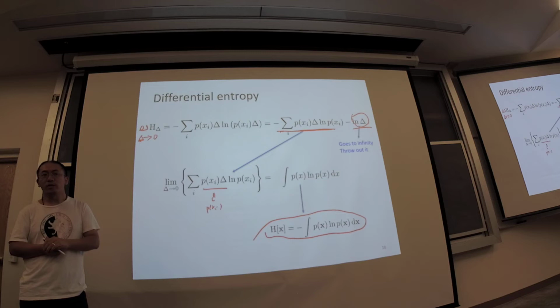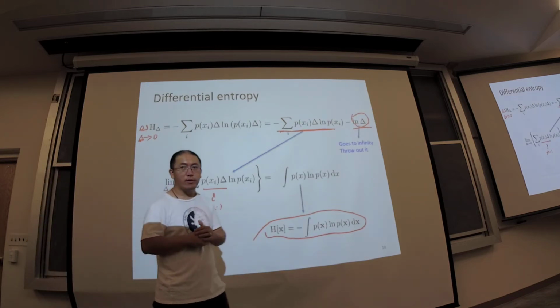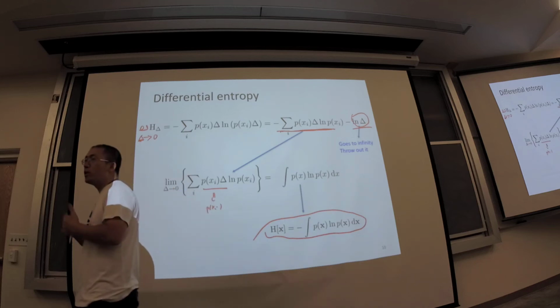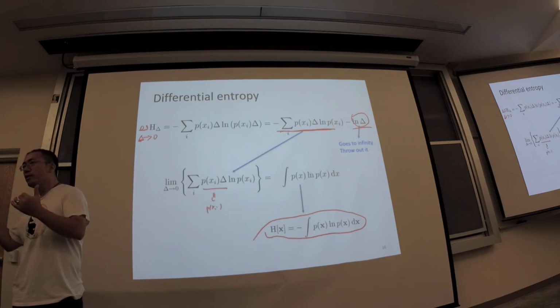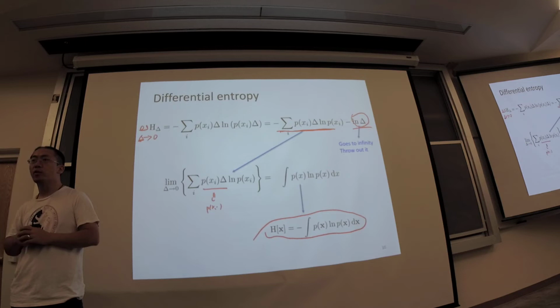This is consistent with our practice, because in practice we always use digital circuits, digital computers, right? So what are digital computers? You discretize all kinds of continuous random variables. When you look at computers, you always have 32 bits or 64 bits.